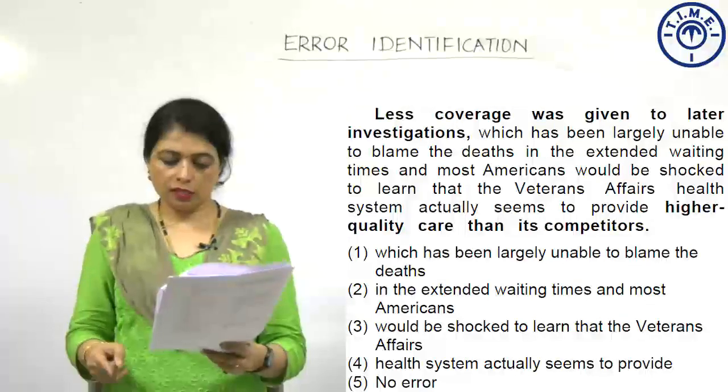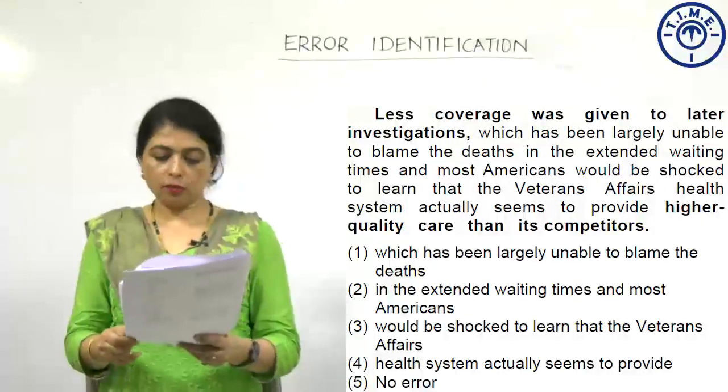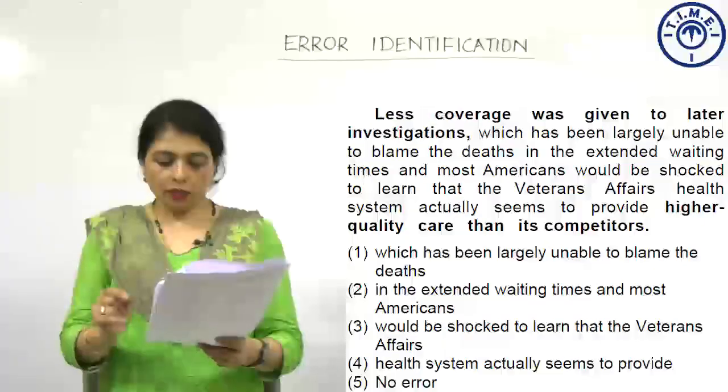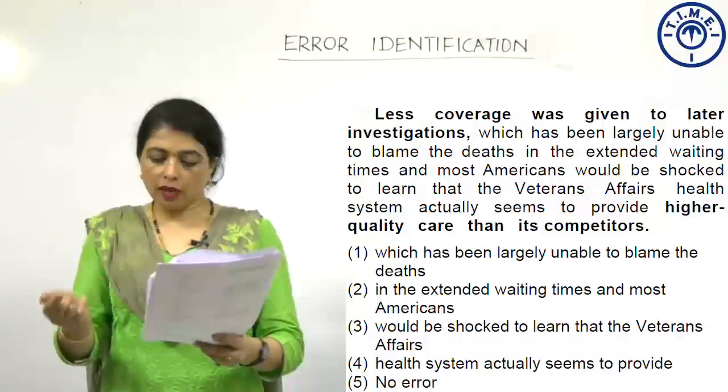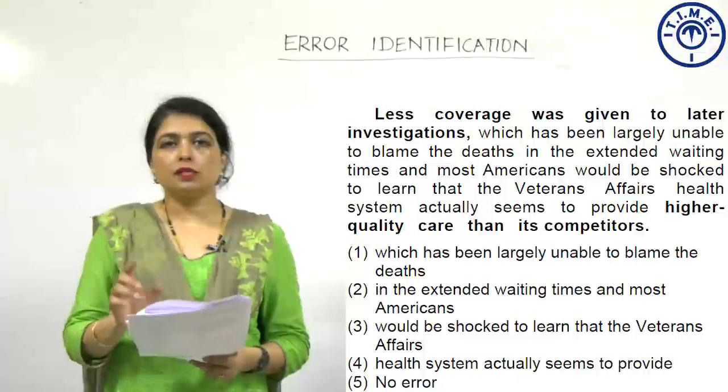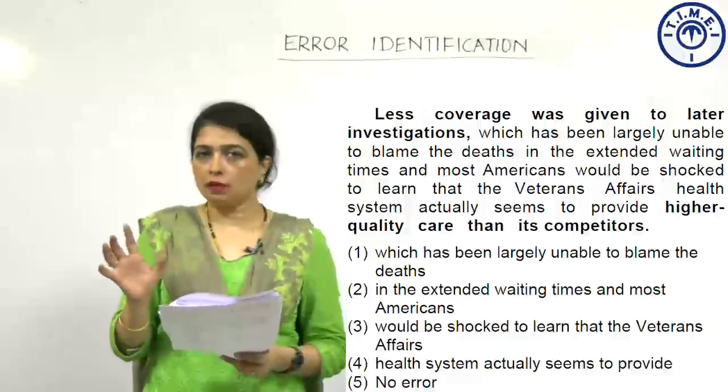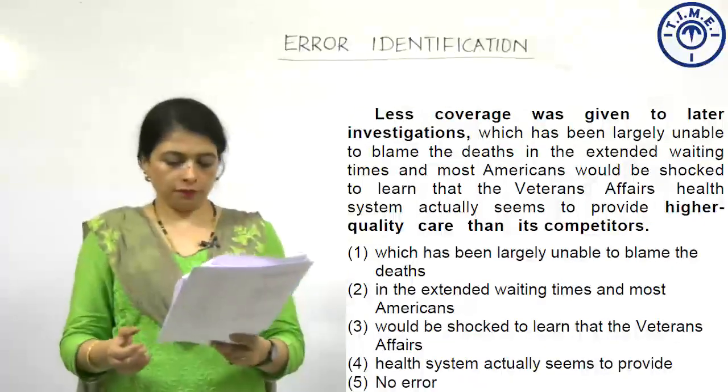Which has been largely unable to blame the deaths is incorrect. It should read as which have been. So, we realize there is a subject verb disagreement error, and then we move on to the second part.